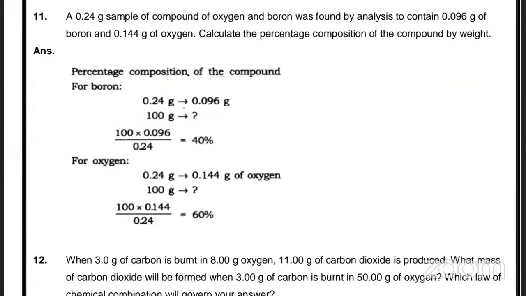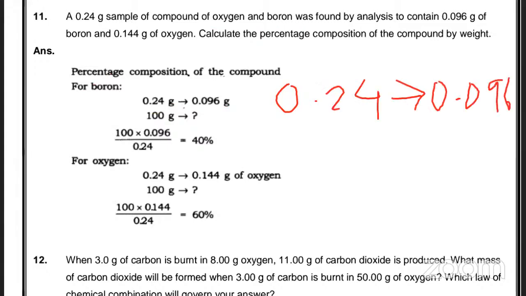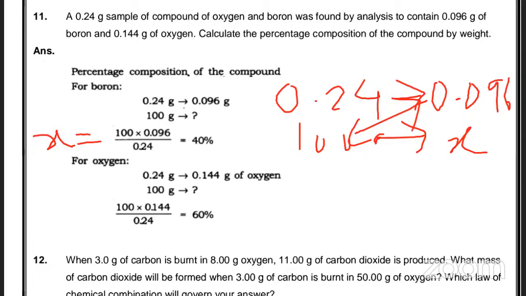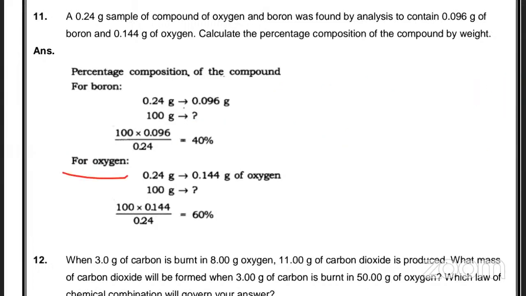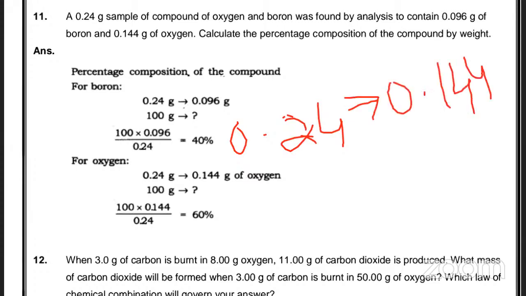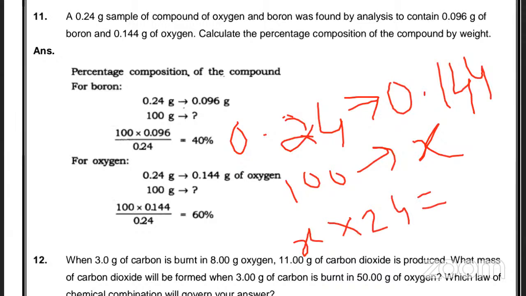Now we have to find the percentage, meaning how much there will be in 100 grams. So I said boron is 0.096 out of 0.24, so how much in 100 grams? Assume x. So x is equal to 0.096 divided by 0.24, and just multiply by 100. You will get 40%. For oxygen, again out of 0.24, it is 0.144 gram. So how much in 100 grams, x. So x into 0.24 is equal to this multiplied.